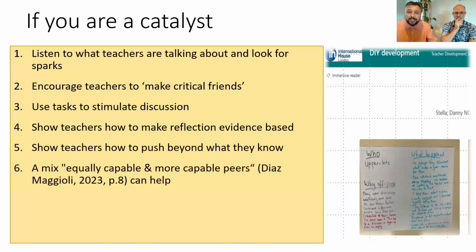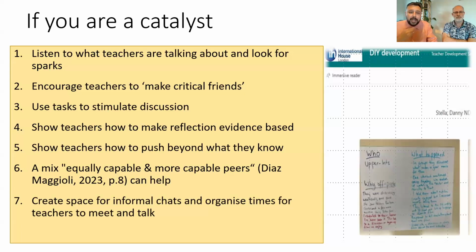And it's a good idea to mix people up in terms of capability, have equally capable peers and more capable peers as well. If they mix themselves up, that's absolutely fine. But one thing is to maybe encourage that, so it's not all the same people working together all the time, and create space for informal chats and organise times for teachers to meet and talk.